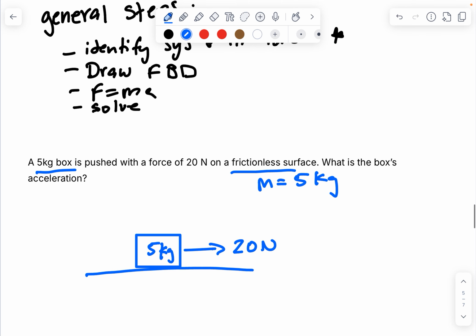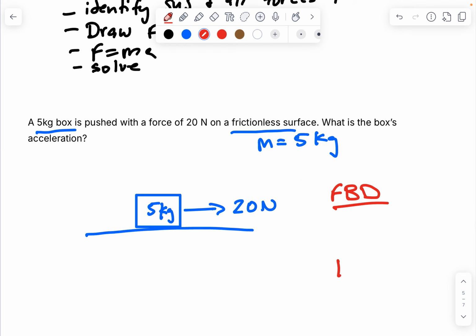So next step is draw our free body diagram. I'm going to draw it here in red. So in our free body diagram, we have the box. We have the box's weight pointing down, right? Weight is just mg. M in this case is 5 kilograms. G is 9.8 meters per second squared.